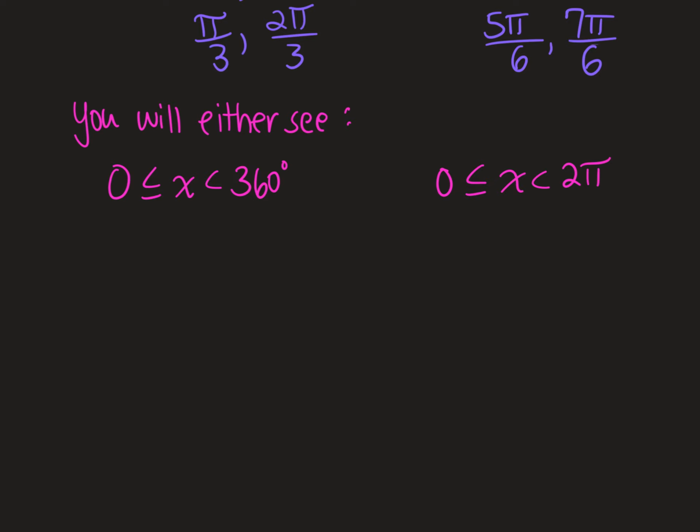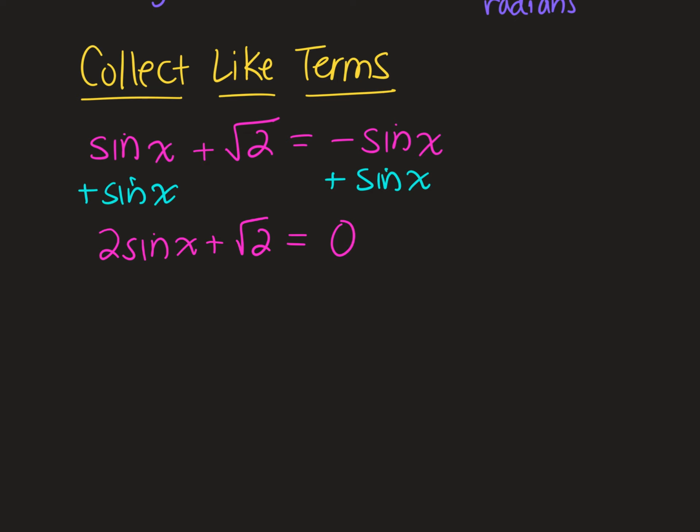Let's add sine of x to both sides. Okay. So if I'm saying take sine of x and add another sine of x to it, how many sine of x's do I have? 2. So I have 2 sine of x plus square root of 2 equals 0. Because negative sine of x plus sine of x is going to be 0.